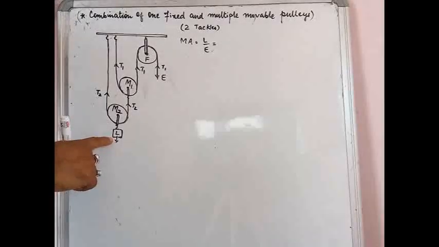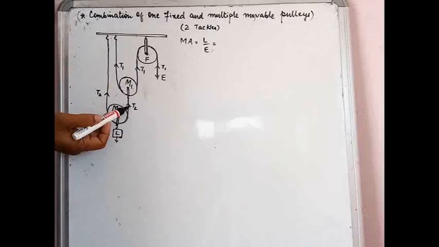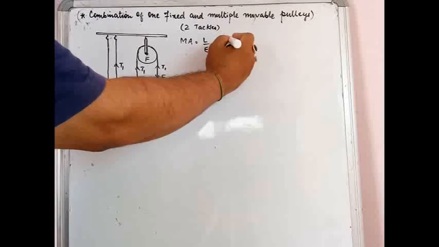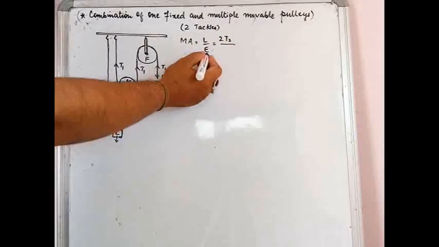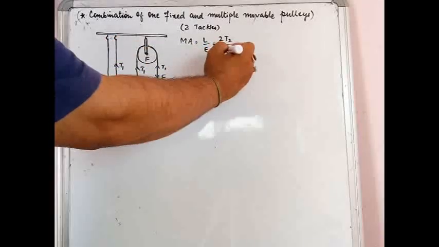Okay, so now we will start from the load side. This load, if you can see, is first of all directly supported on this T2 and this T2. So T2 plus T2 will give you 2 times T2. Okay. Now coming to this E will be equal to this single T1.